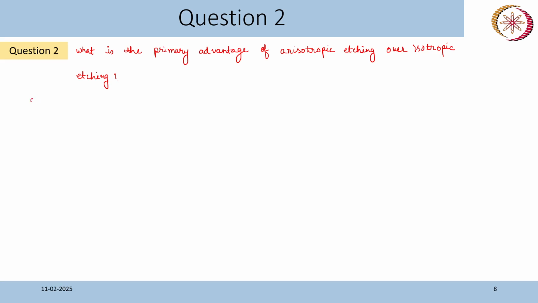I will give you a few options. A: it provides uniform etching in all directions. Option B: it is slower than isotropic etching.